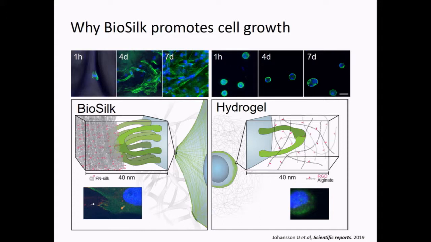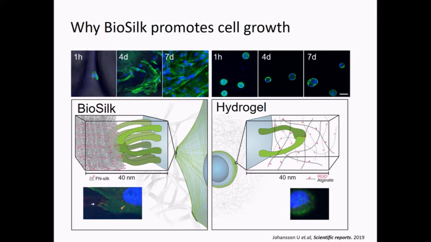And then they continue to grow and fill up the spaces in the Biosilk. While in the hydrogel, the cells are encapsulated as round cells, and they stay as round cells throughout the period. They are viable, but not much more is happening.